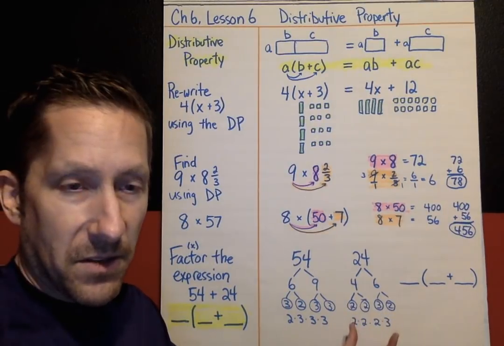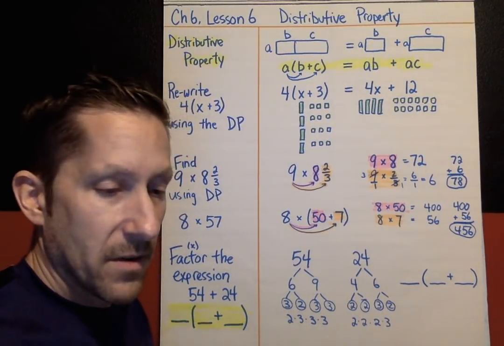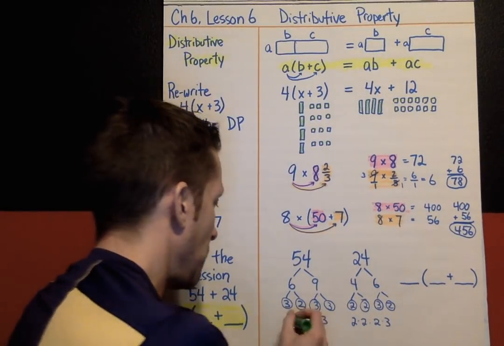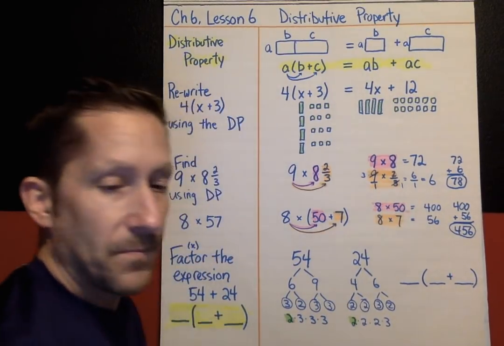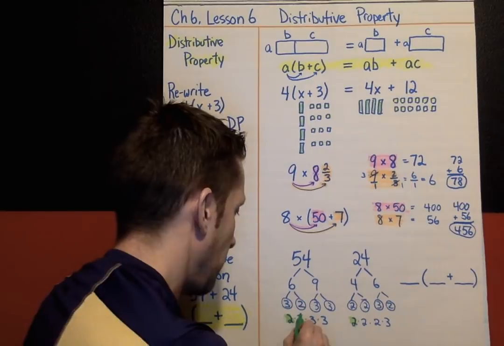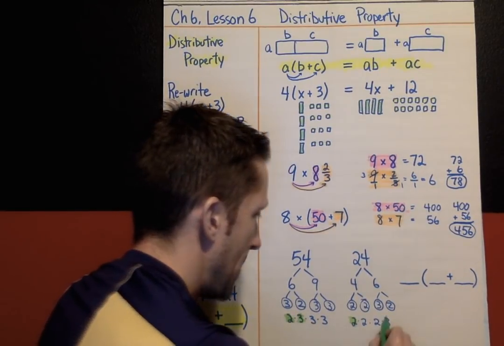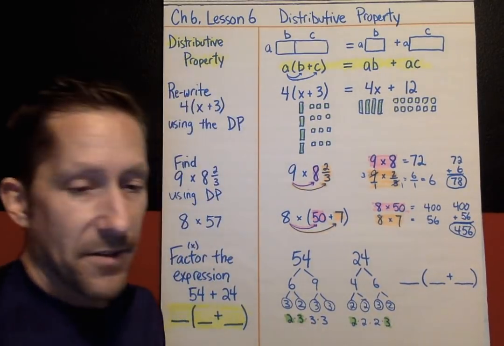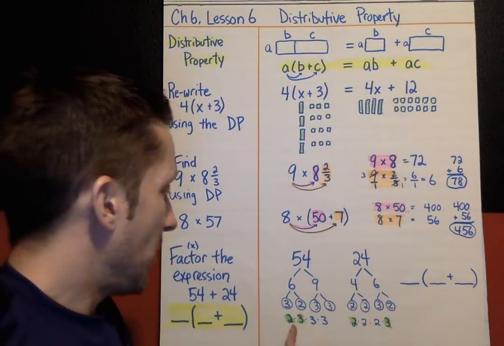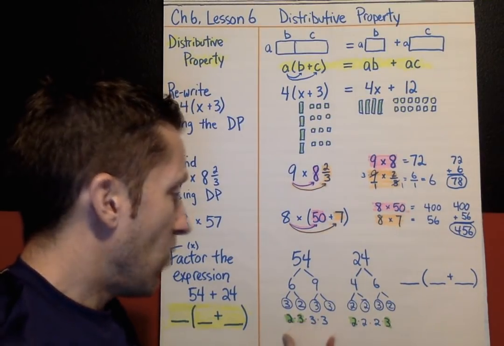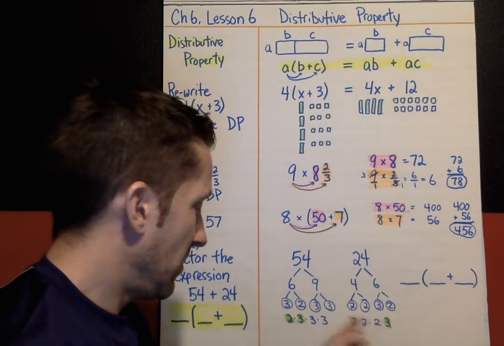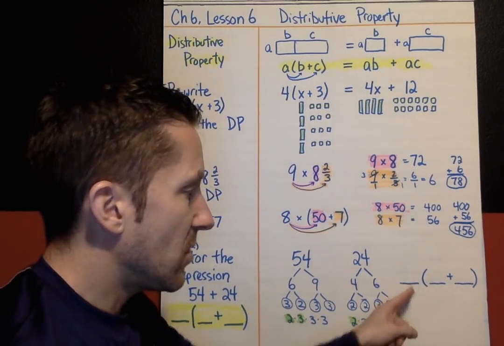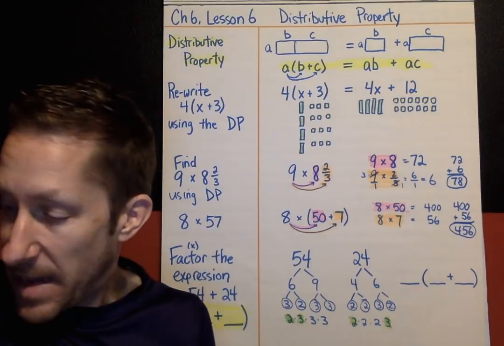What numbers are in both? 2, this 2 matches up with that 2. This 3 matches up with that 3. Those two factors, whatever common factors you've got in this factorization and this one, go right here and you multiply those together.